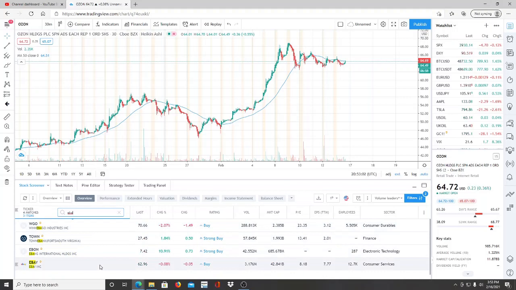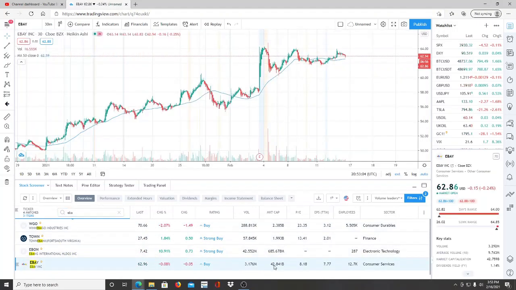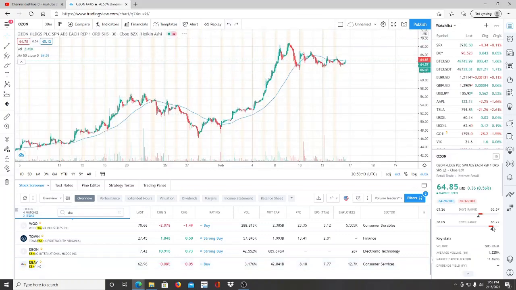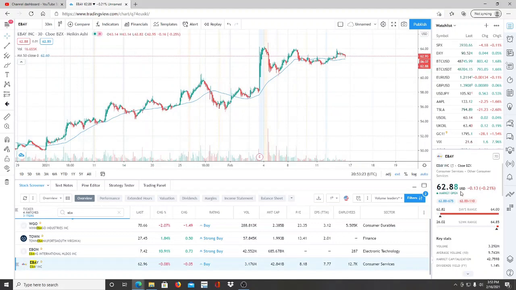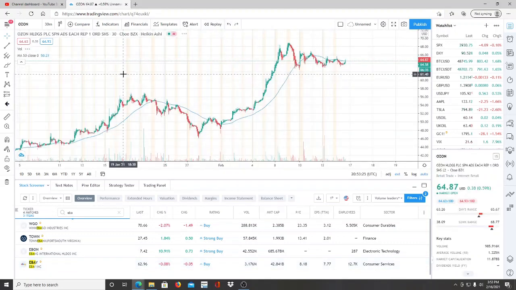Because look at eBay. eBay's market cap is 42 billion and it's in the 60s range. So yes, it's almost in the same type of sector, but this is even bigger. Ozon is even bigger. Look at that, 11 billion. So if this was to go into the 40 billion mark, just like eBay, like we could see here, 42, and it's going for 62 a share, there's probably more that goes into the market share, right, of these two different sectors, and then also the market cap and the price per share that make these valued differently.